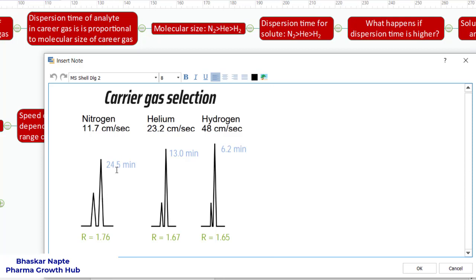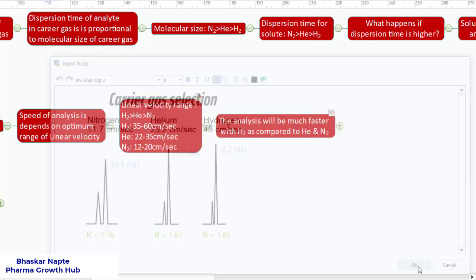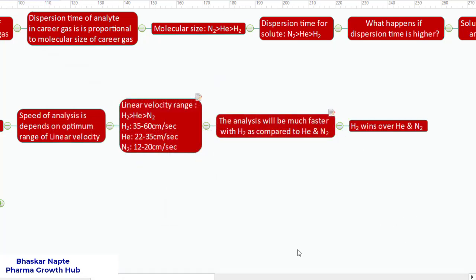For nitrogen, you need a retention time of 24.5 minutes. So just understand the speed of analysis. Which carrier gas gives the highest speed? It is hydrogen. And hence hydrogen wins over helium and nitrogen.